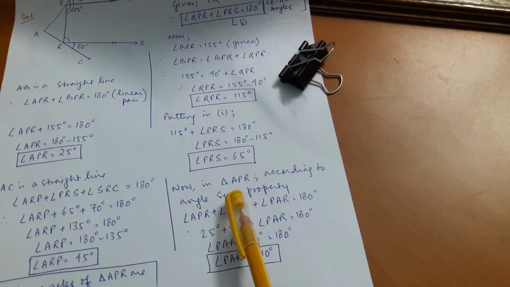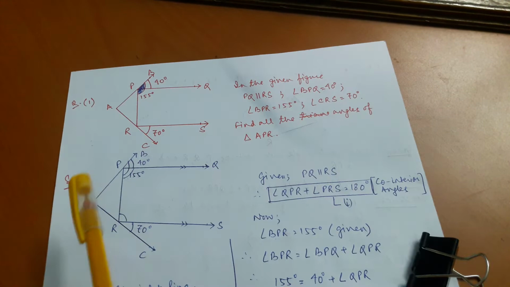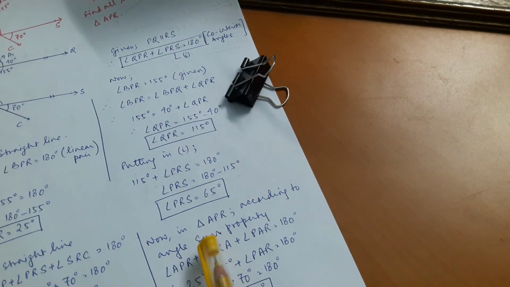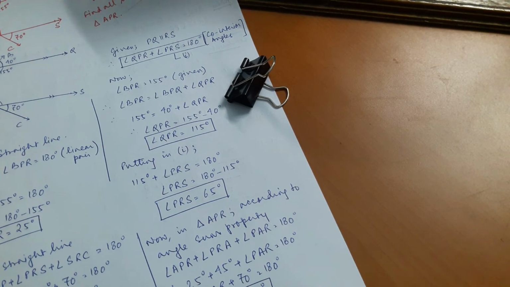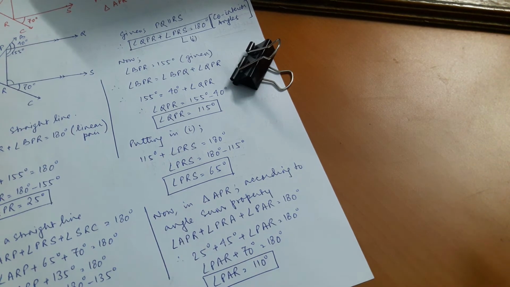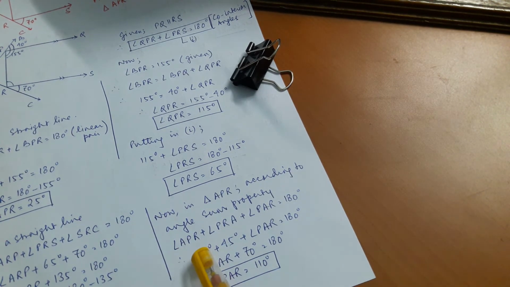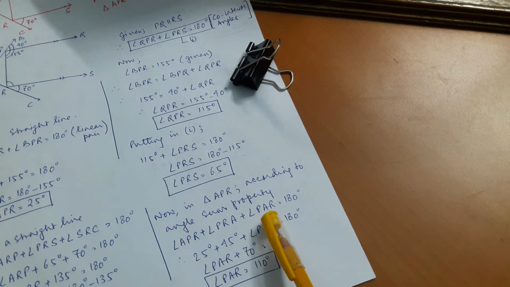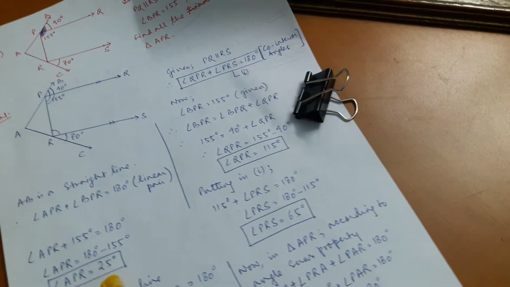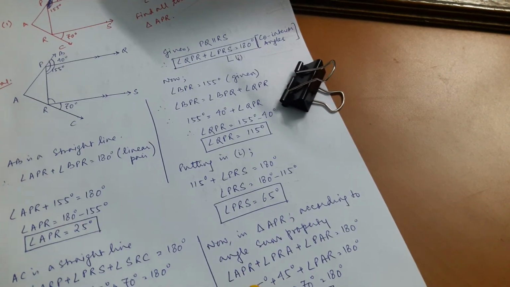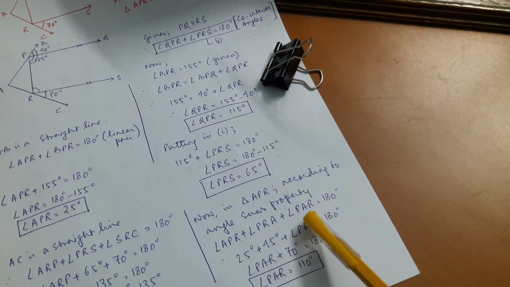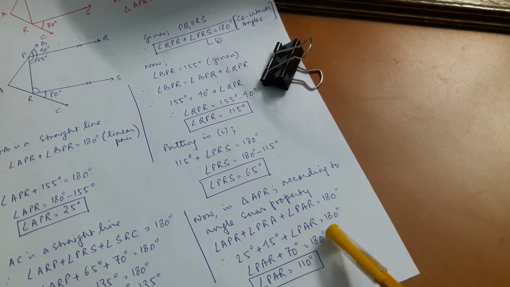Now see, in triangle APR, what have we learnt just now? According to the angle sum property of triangles, the sum of all the angles of triangle APR will be 180 degree. Therefore angle APR plus angle PRA plus angle PAR equals 180 degree. Now APR is 25 degree, we found the value and simply placed it here. PRA is 45 degree and PAR we have to find out, equals 180 degree.